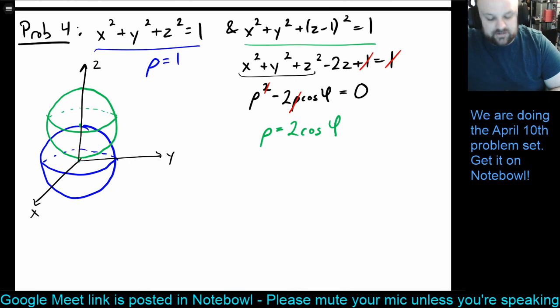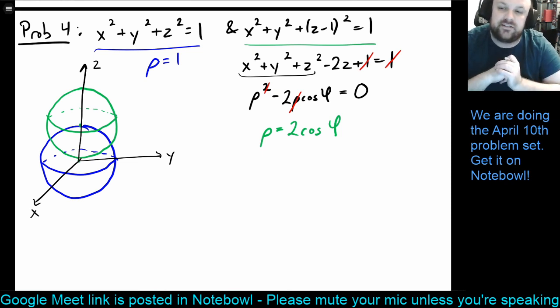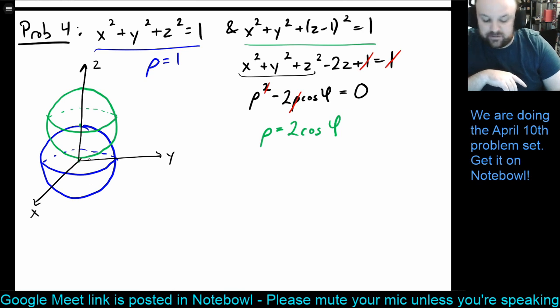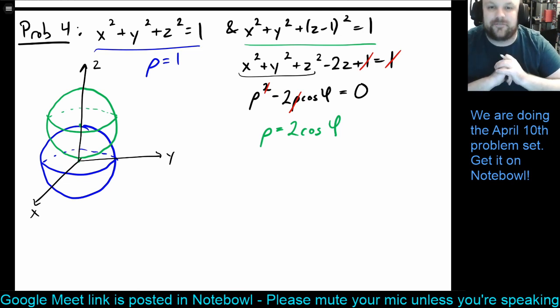All right, so how do we find out how to set up the integral for the volume of this thing? Now, if we're going to do this in spherical coordinates, it's important to remember how spherical coordinates measure. So it looks like, oh hey, the blue one's on top, the green one's on bottom. True, but that's irrelevant for spherical coordinates.